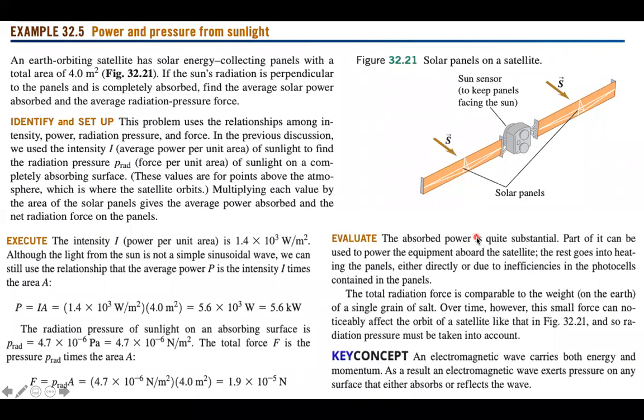Okay, but it could be a meaningful number if the object is very close to the sun, because this number can really increase, since this power is decreasing with the distance like 1 over r squared. So if you get very close to the sun, you can get an important effect of the radiation pressure of the sun.